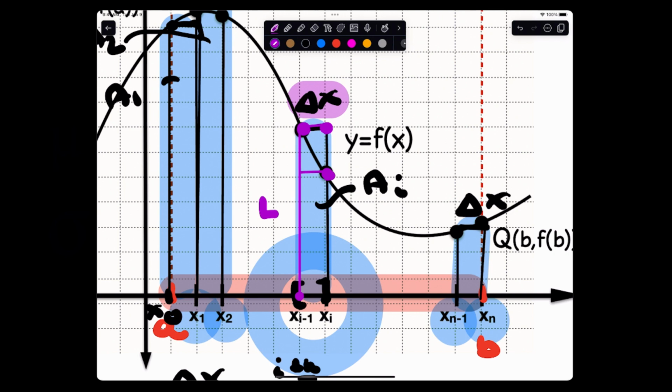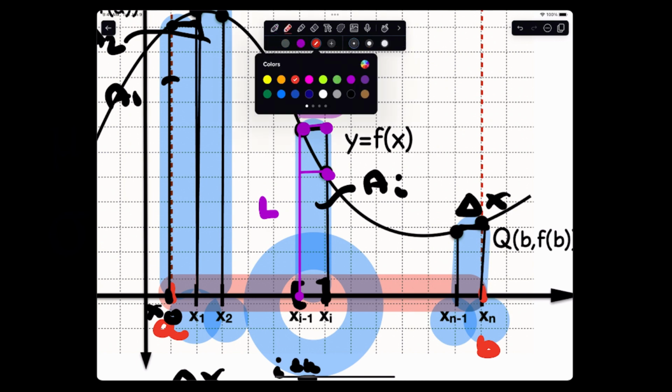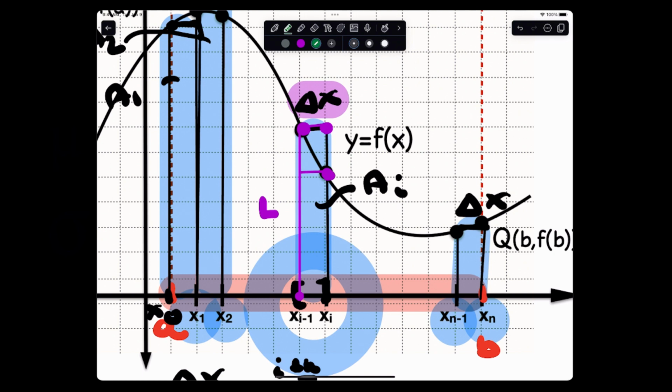Obviously, both of them are not exactly correct. We'll use green and orange: you can use the left endpoint or the right endpoint for the length.